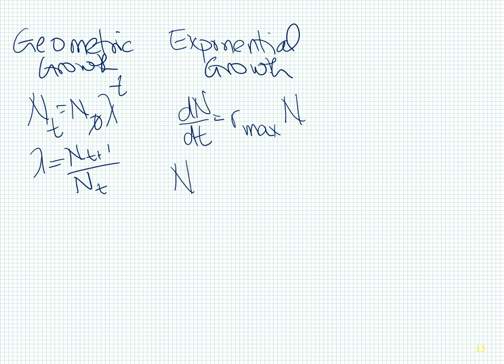And so you could calculate the number at a given time by the number you started with, just like we did with the geometric growth, but then it is times e. And remember, e is the base of your natural logarithms. It's a constant. So what is it? e is 2.7. Let me just look this up. 2.718.